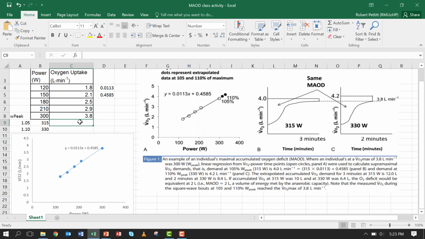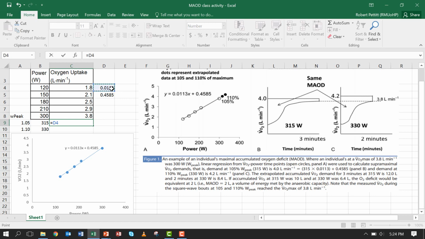And then what I'm going to do is I'm going to say, well, I want to predict these black dots here. So I'm going to do regression. Remember y equals mx plus b from whatever math class that was in. So the y is the VO2. The m is this value here.